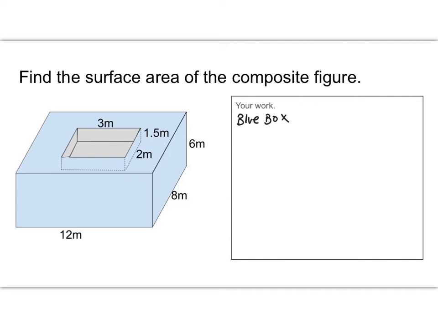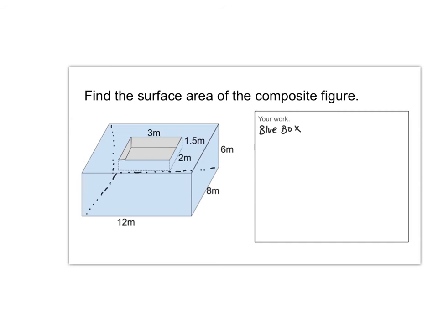I'm going to start with the blue box. So I'm going to draw some invisible lines here, and I know that I'm going to be including the bottom of this box in its entirety. I'm going to have the base, and then I'm going to have the lateral faces. And then I'm also going to have the top base as well. So I have the bottom base and I have the top base.